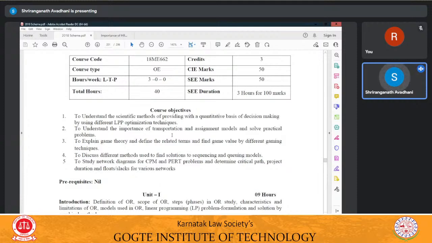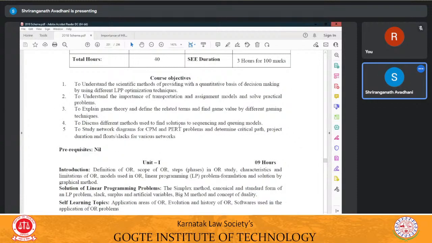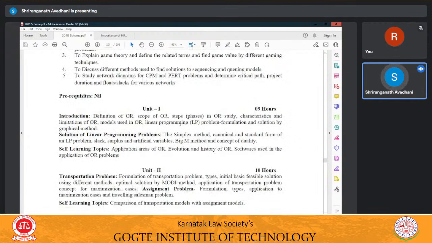To start with unit 1, it is just an introduction to operations research, in which you are going to study different optimizing techniques related to linear programming problems.